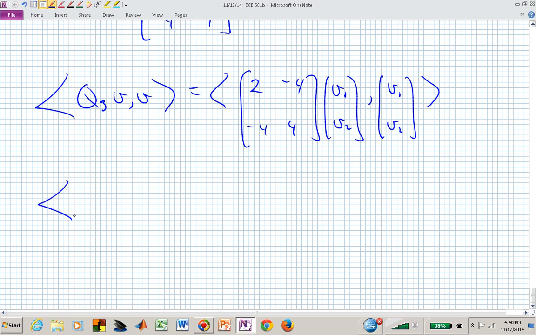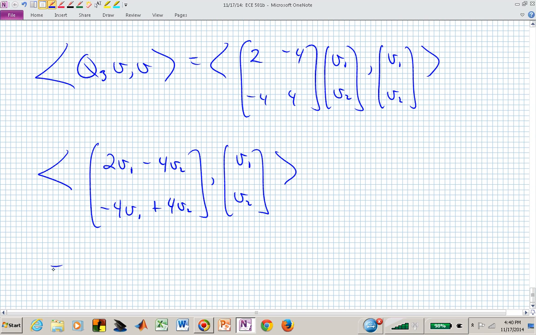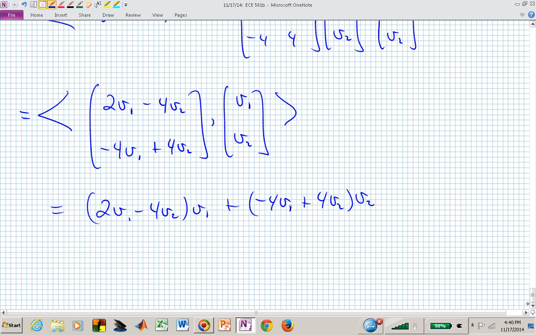And now I can multiply that out, and I have 2v1 minus 4v sub 2, minus 4v1 plus 4v sub 2, and that's now equal to 2v1 minus 4v2 times v1 plus minus 4v1 plus 4v2 times v sub 2.